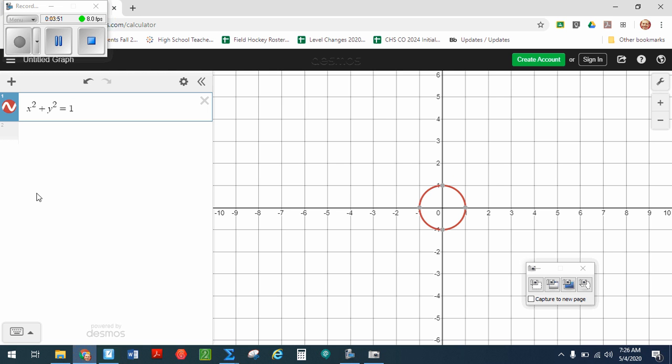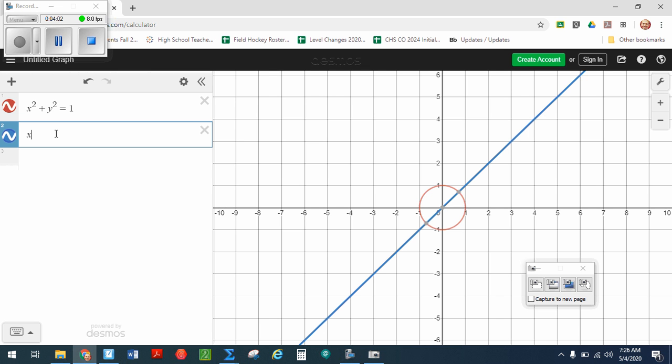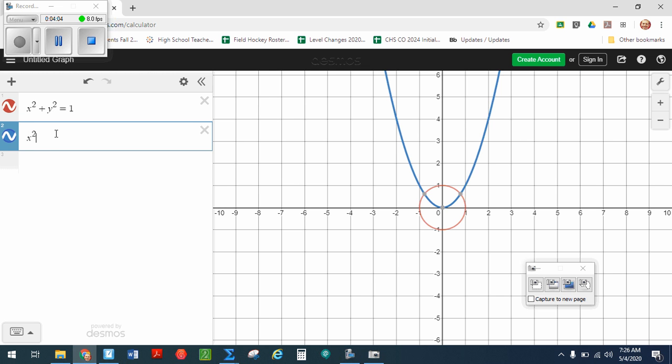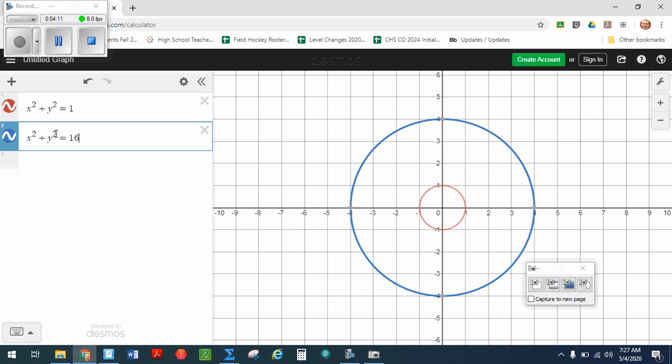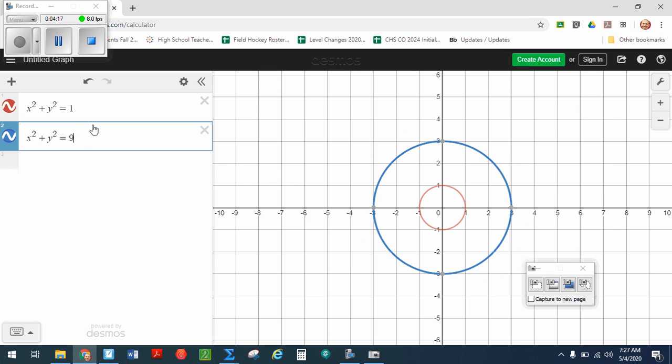If I go to Desmos and I type in x squared plus y squared equals 1, I have a circle with a radius of 1. If I type in x squared plus y squared equals 16, I'll have a radius of 4. If I change the 16 to 9, I'll have a radius of 3, so from the center to 3.